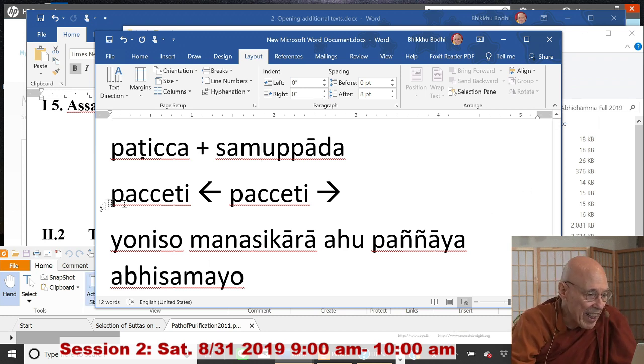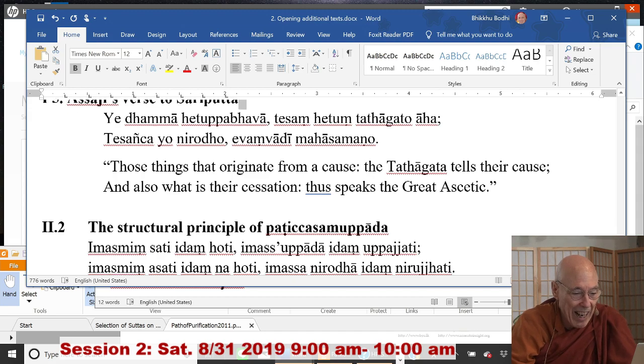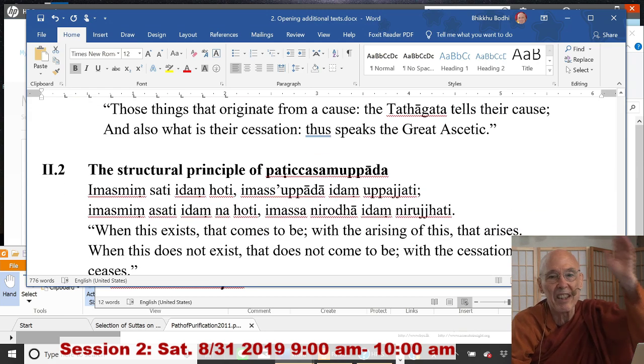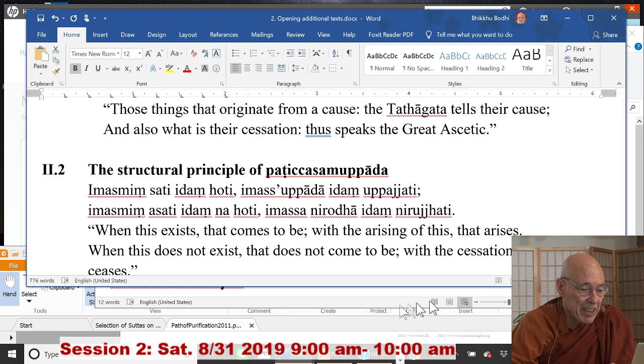So as what I call a structural principle, this is the abstract principle that lies behind dependent origination. And this is the principle that's expressed in Pali as a kind of formula.